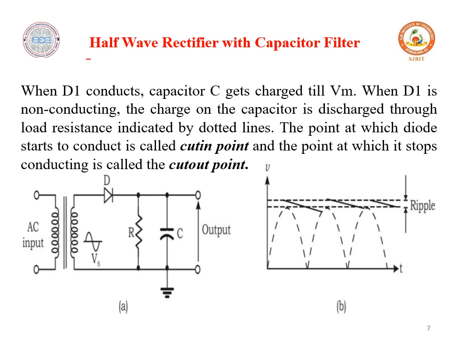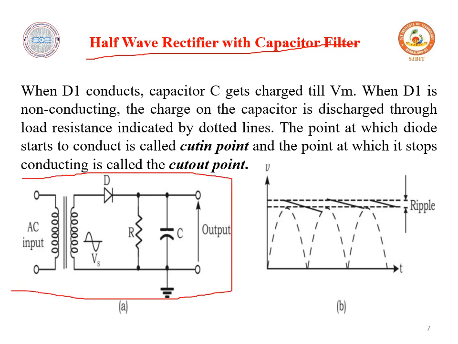So consider a half wave rectifier with a capacitor filter. In that we consider the half wave rectifier circuit, and we need to connect the capacitor across the load. When D1 conducts, in the positive half cycle, diode D1 will conduct and the capacitor C gets charged to Vm.